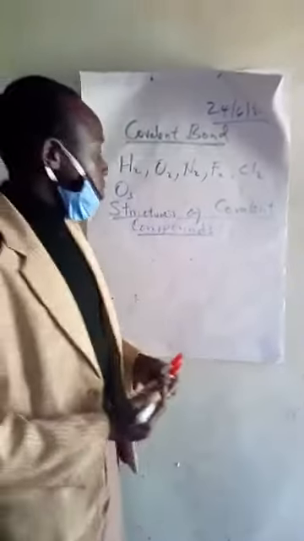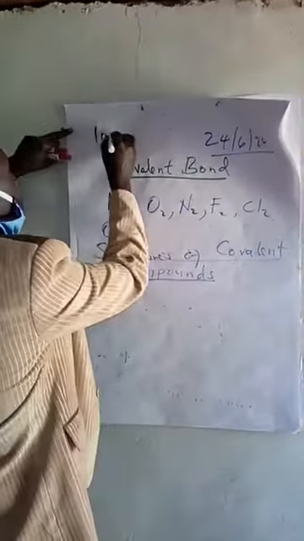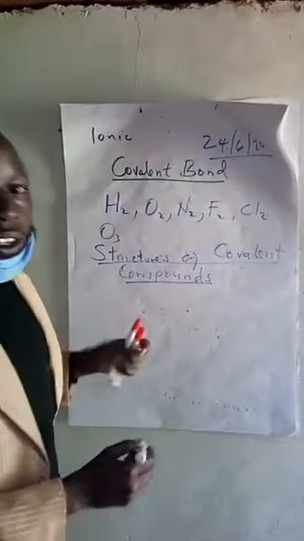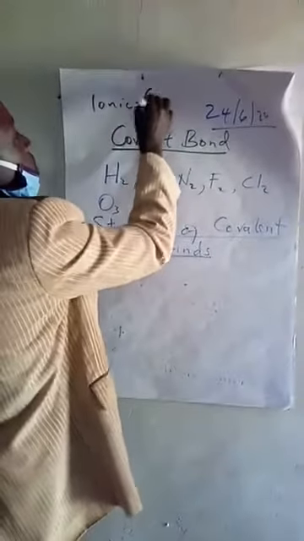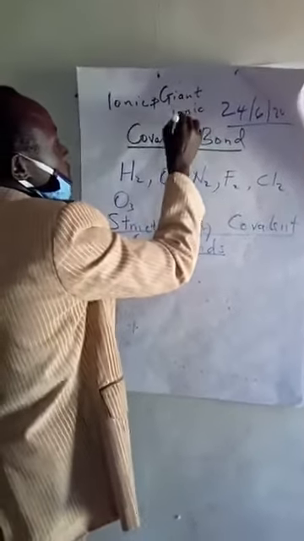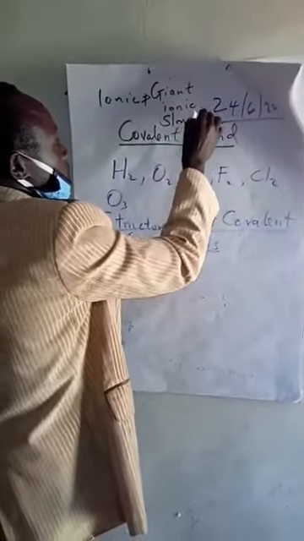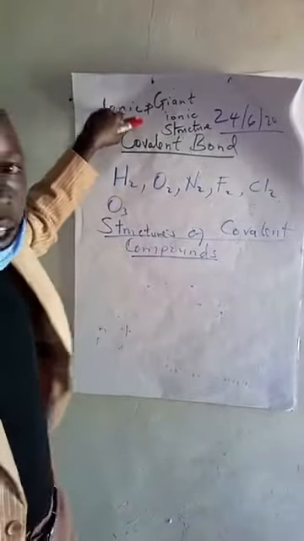When we looked at ionic bond, when we looked at ionic structures, we talked about only one structure. Ionic compounds have one structure, which we said is giant ionic structure. So giant ionic structure for ionic bonded compounds.